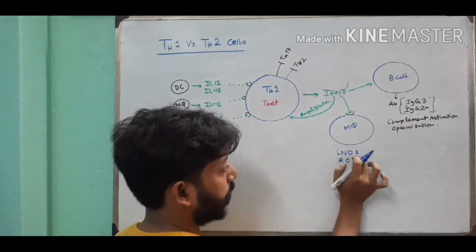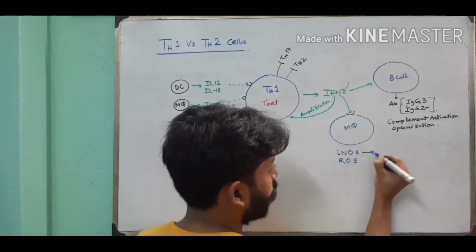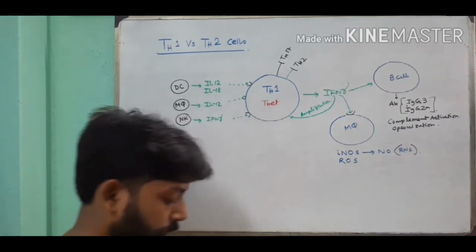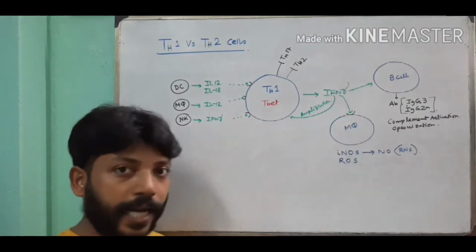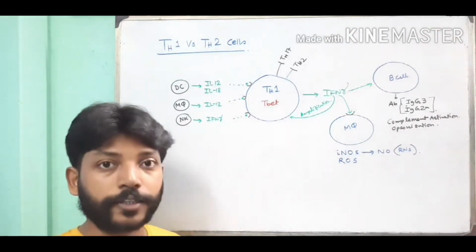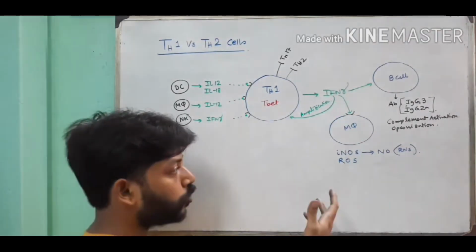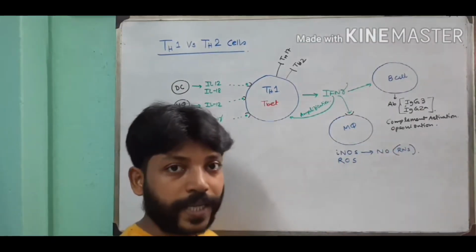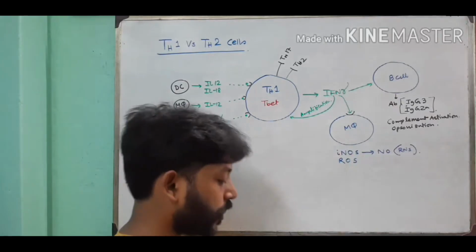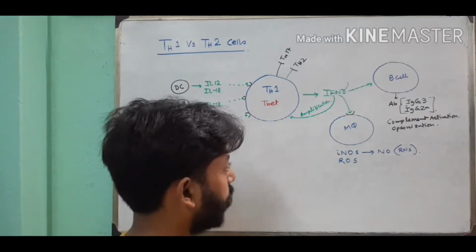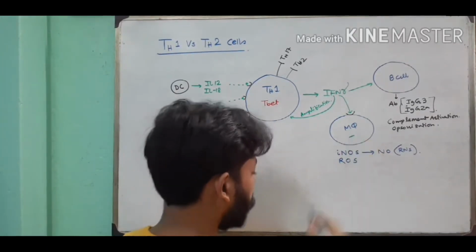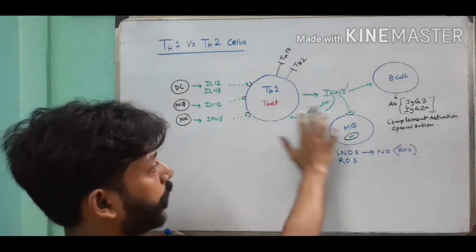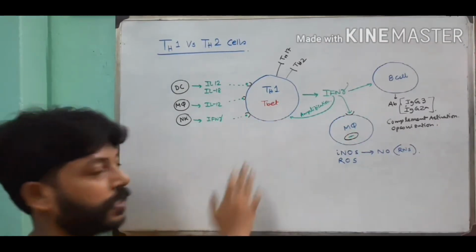This enzyme produces nitric oxide, which is a reactive nitrogen species. So what happens when IFN-gamma acts on macrophage? The macrophage gets activated. It starts to produce very important molecules that digest the intracellular pathogen. Let's assume this is the intracellular pathogen, a bacterium present inside the phagosome. So this is the effector function of TH1 cells.